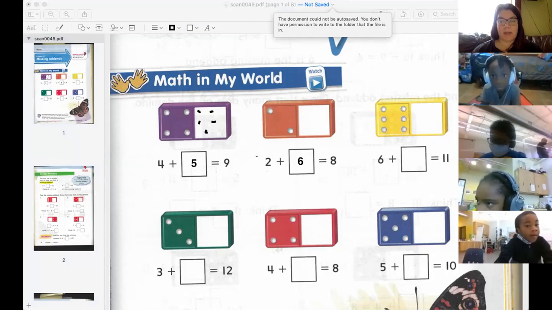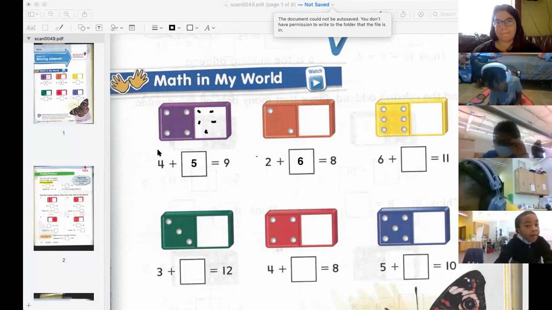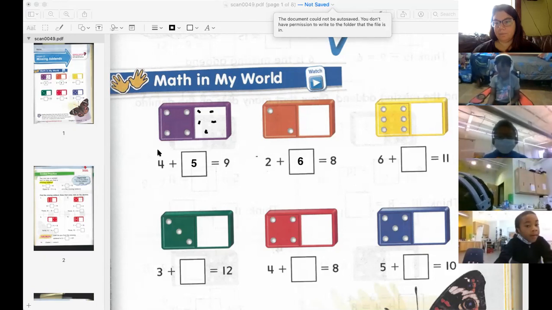And you're trying to get to 11. Count up: 7, 8, 9, 10, 11.